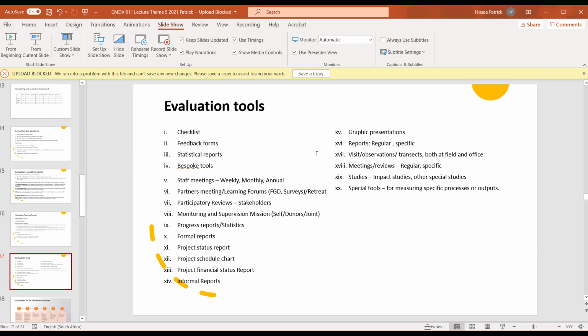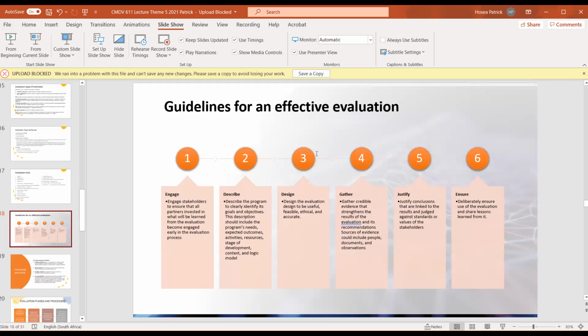You need focus group discussions, surveys, reports, progress reports and statistics, and the likes. These are some of the things which are required for your evaluation, right? Meetings and review, and the likes. So these are the few tools that are required.